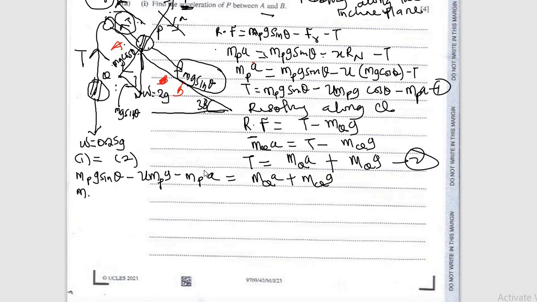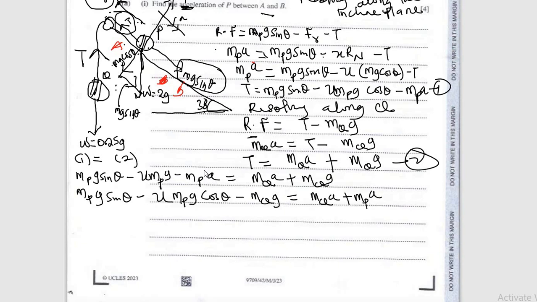At the end of the day, we have mpg sine theta minus coefficient of friction. Oh, this one is mpg cos theta, minus mqg equal to mqa plus mpa.